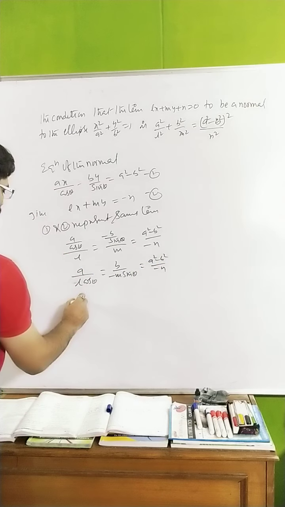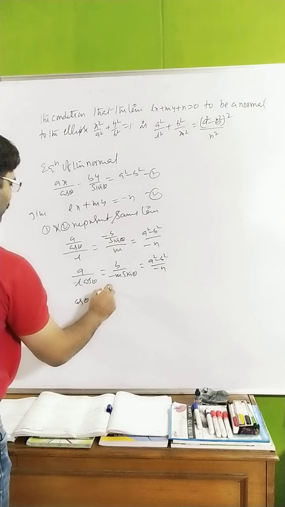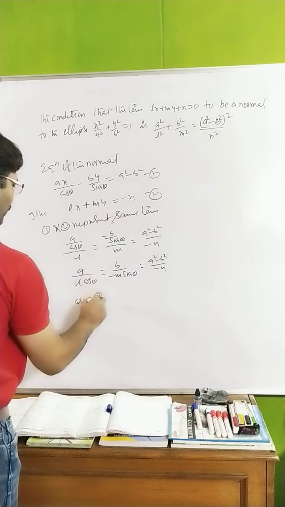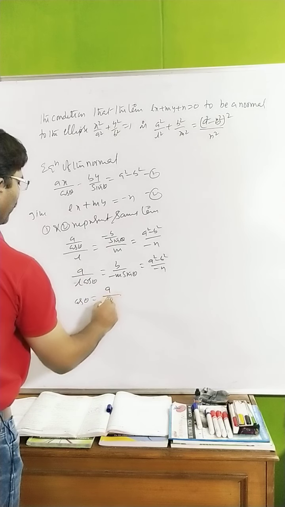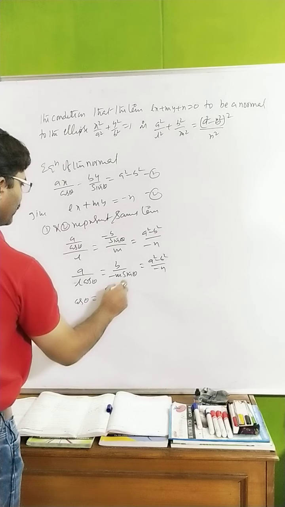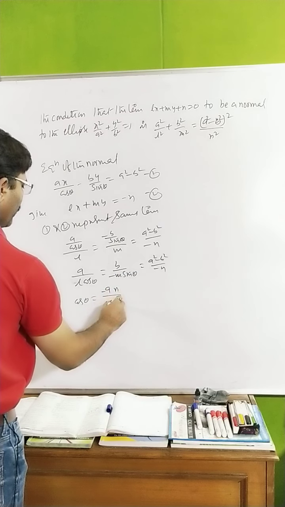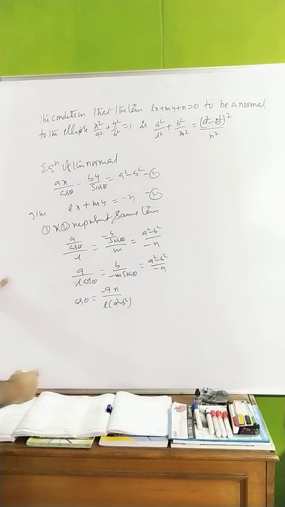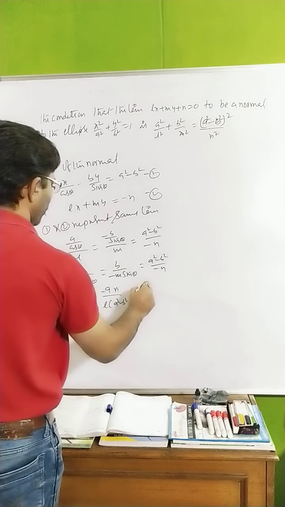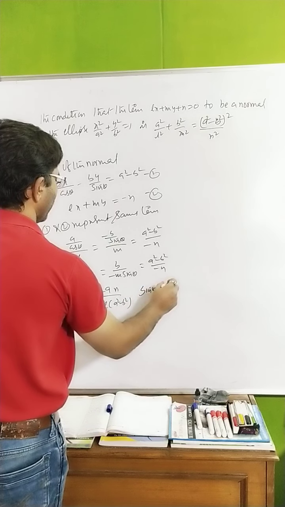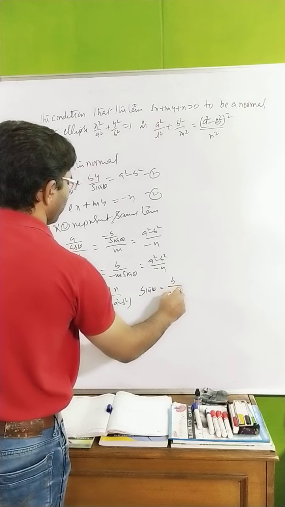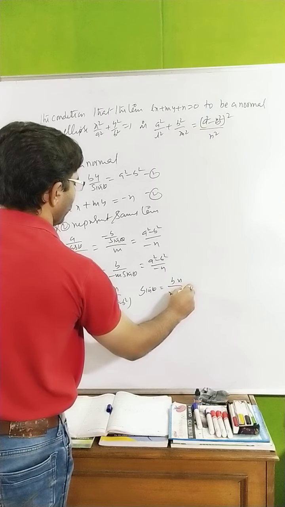See this, cos theta can be written as a by L into n, minus n is also there, over a square minus b square. And the next one, sin theta, you will get b by m, n also here, over a square minus b square.